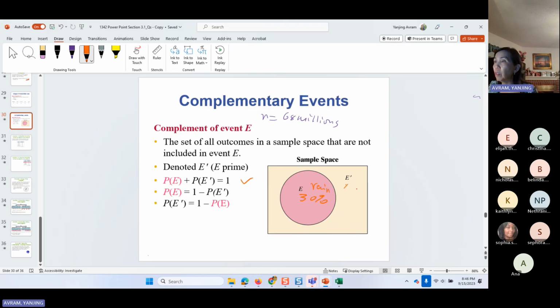Well, it will be 1 minus 0.3, which is 0.7 or 70%, or you can use 100% minus 30%, which gives you 70%. So if the rain tomorrow is a 30% chance, the chance of no rain tomorrow will be 70%. If I know one of them, I can calculate the other one easily. That is called a complementary event.